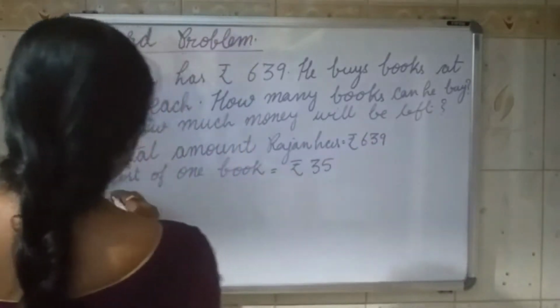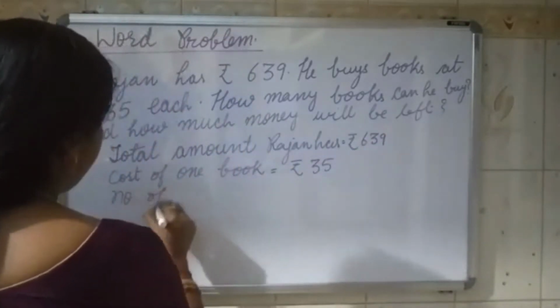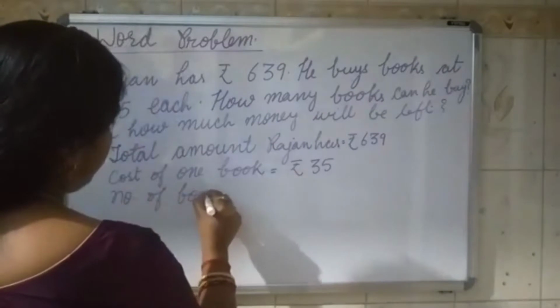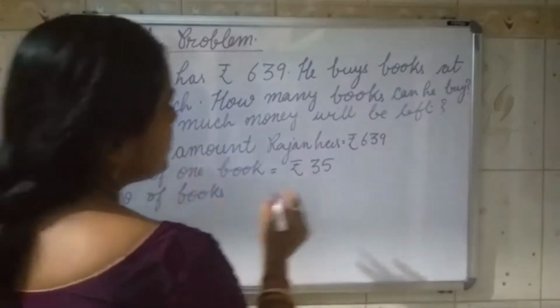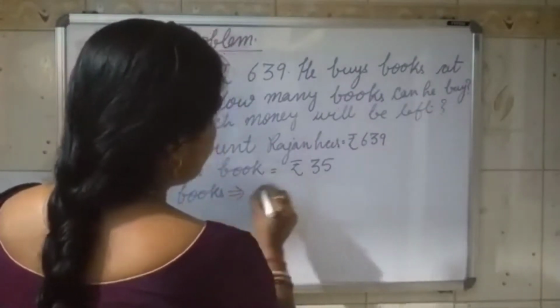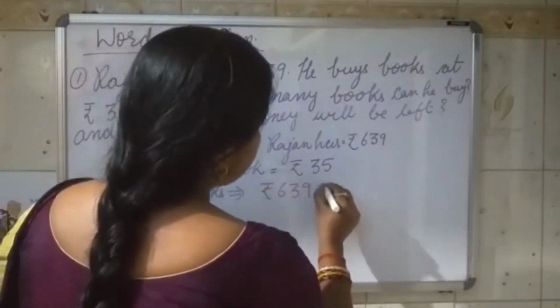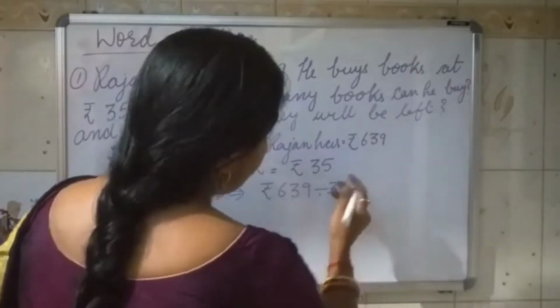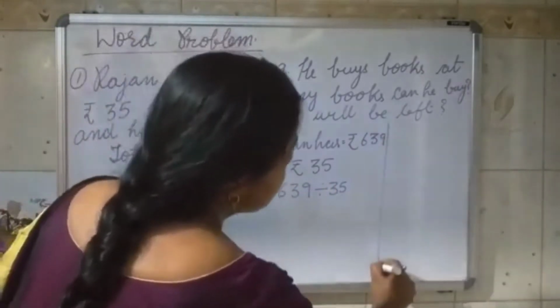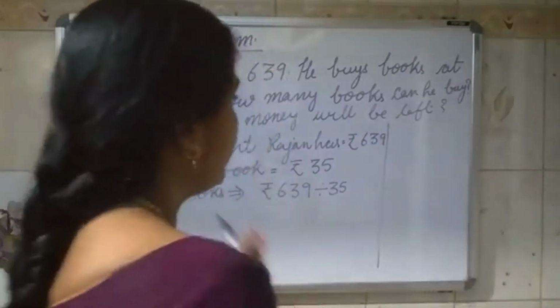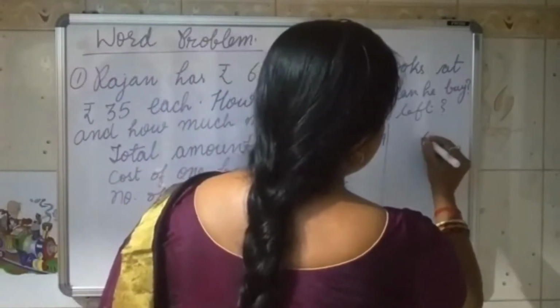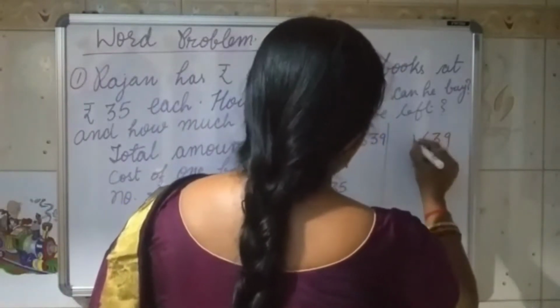Now the number of books is equal to rupees 639 divided by 35. Okay, here there is no space, so I am doing the division part in this place. 639 divided by 35.